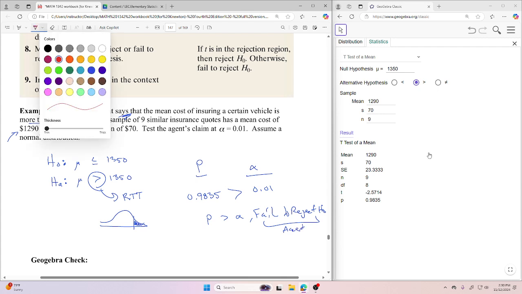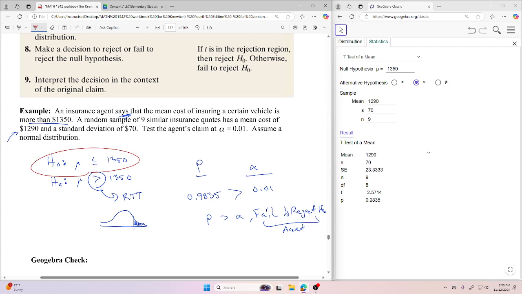So I accept the original H naught. I definitely couldn't prove against it. No way I can prove against it. In fact, this statement is saying that it's less than 1300, and that's what I got. I mean, we're stating the original status quo. So yeah, that's the good one right there.